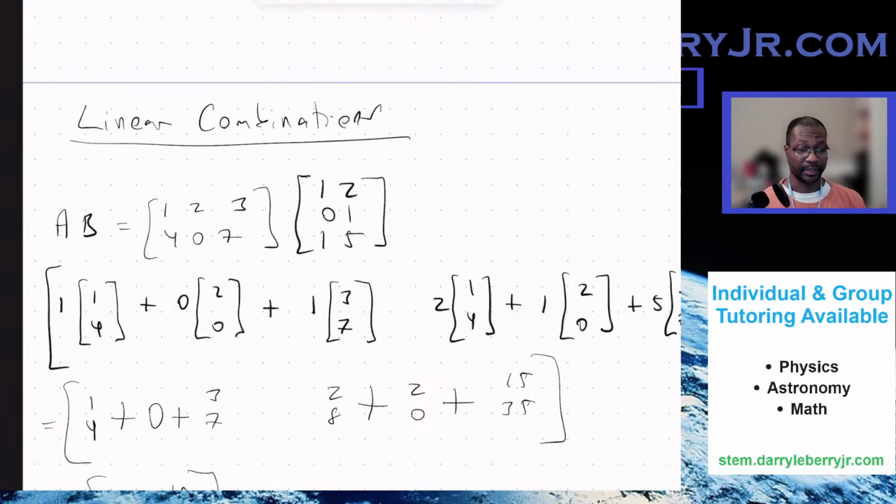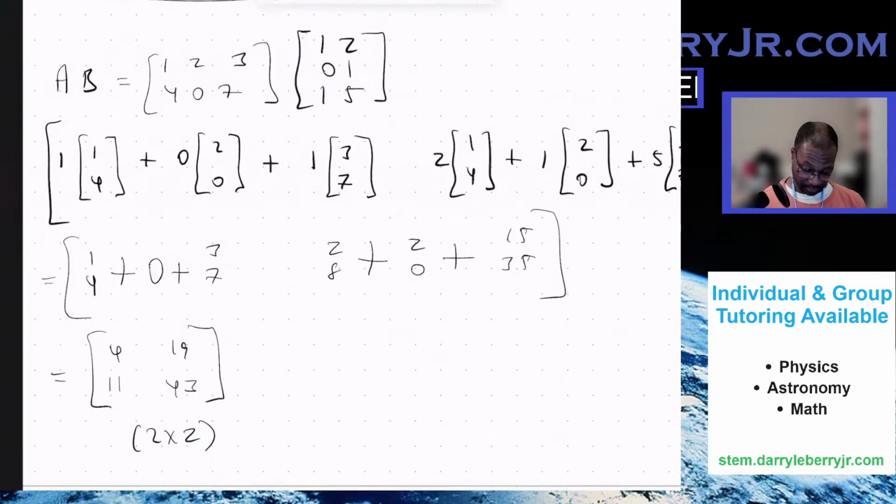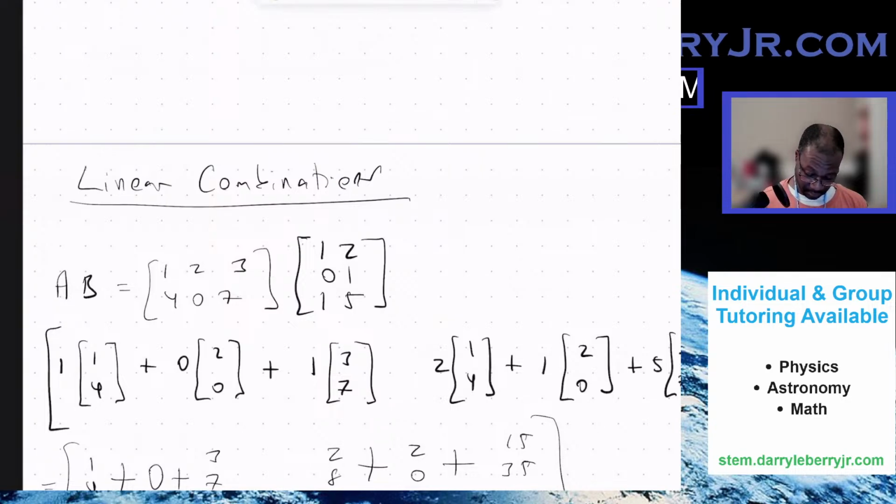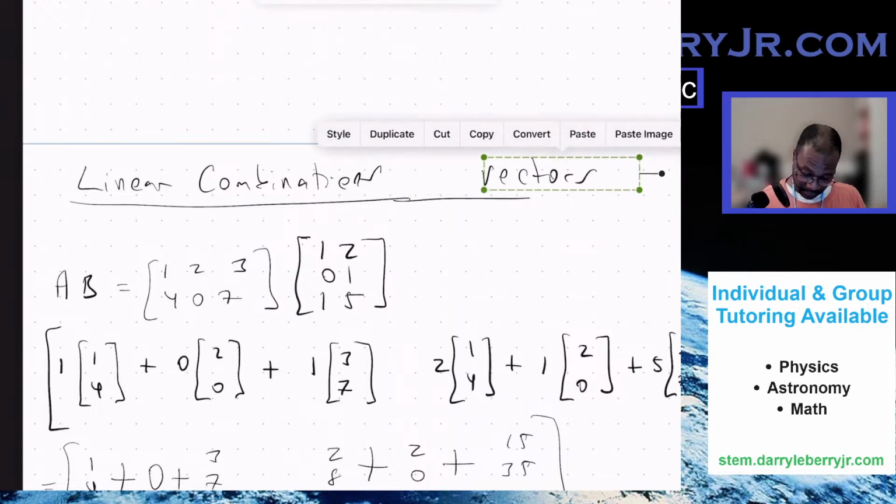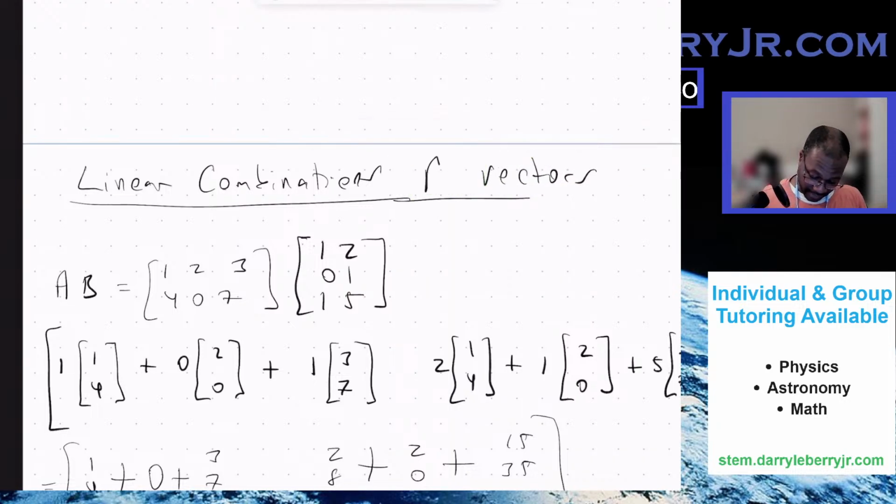So the next way will be a linear combination of rows. So we'll call the last one a linear combination of A vectors.